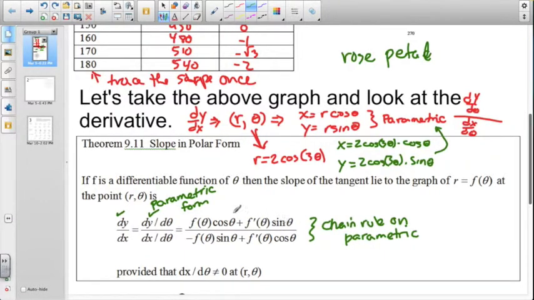So this top here is the derivative of this times that plus the derivative of that times this. So it's just the chain rule. And the bottom is the derivative of this, which is minus sine, times that, plus the derivative of that times this. So those are just the chain rule expressions.